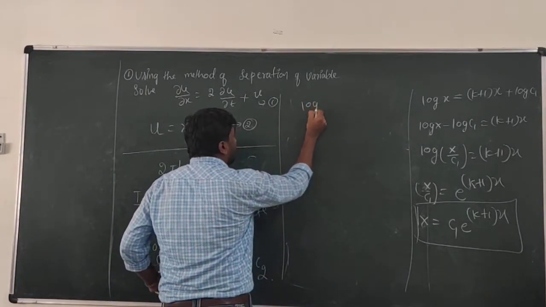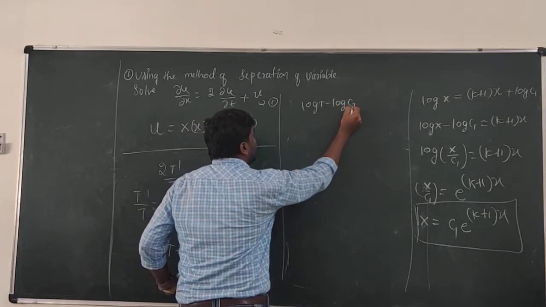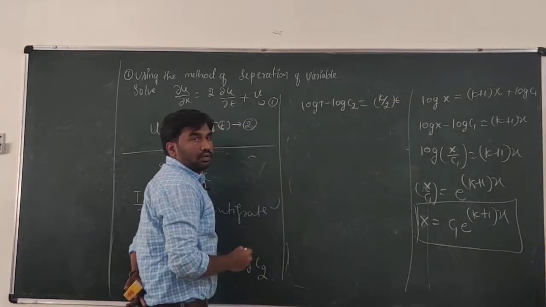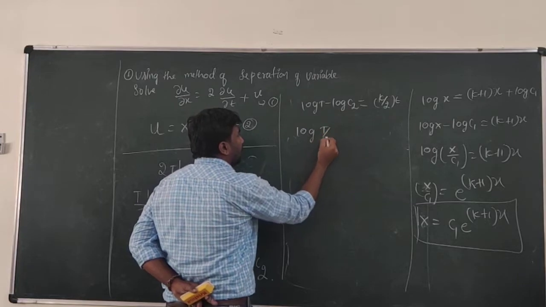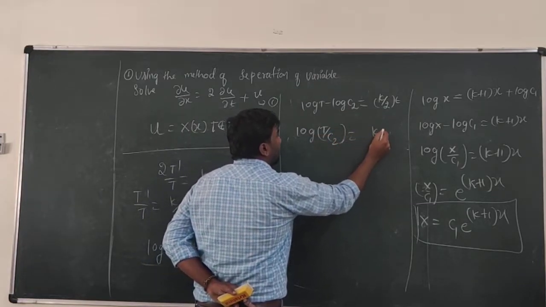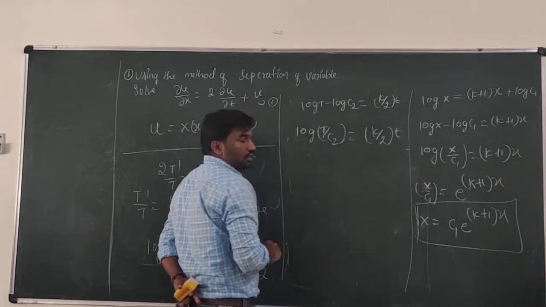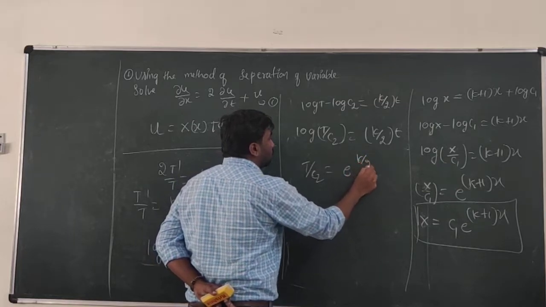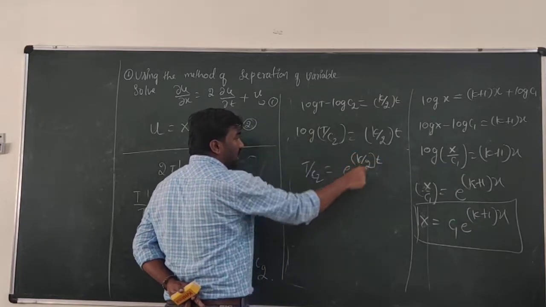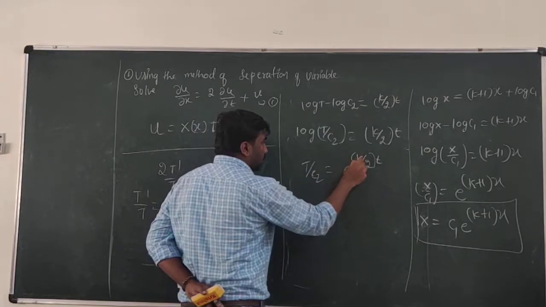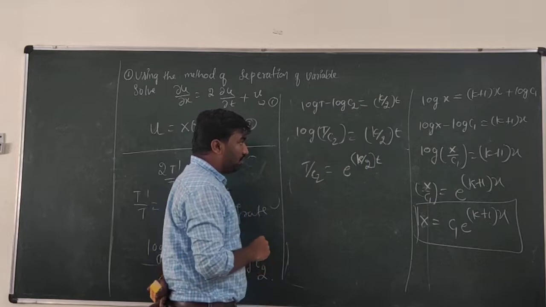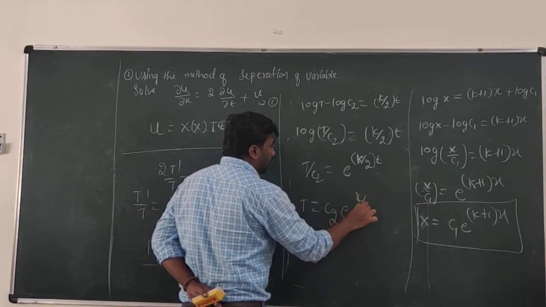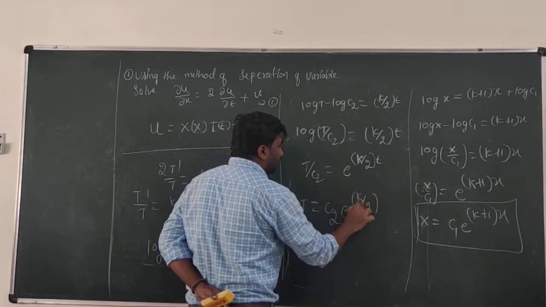Again log T minus log c2 is equal to (k/2) t. So log (T/c2) is equal to (k/2) t. Again T/c2 is equal to the exponential power of (k/2) t. So then T is equal to c2 times e to the power (k/2) t.